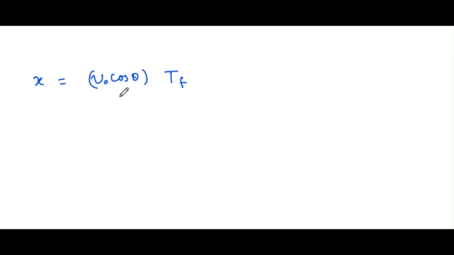So this is the velocity along horizontal, v naught cos theta, and with this velocity, the body travels some distance for time t f, which is the time of flight. Why am I taking time of flight? Because this body will be covering the horizontal distance as long as it is in the air. Once it reaches the ground, it will stop there.